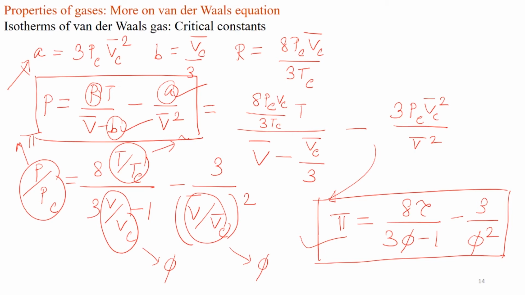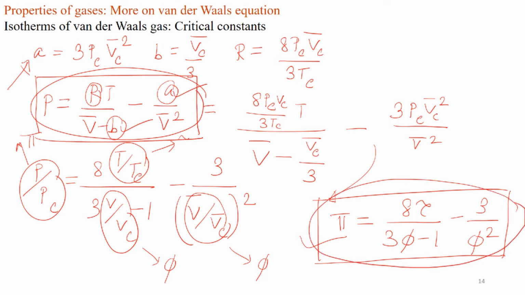We have reduced the van der Waals equation also in a similar form, which is independent of a constant which is very specific to a particular gas. So the loss of generality which was there in the original van der Waals gas equation has been regained in the van der Waals equation when it is written in the reduced form.